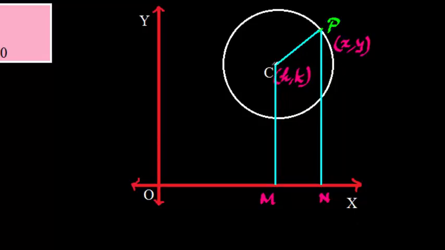So look here, another perpendicular; this also is perpendicular, this also 90 degrees, and I give one name to this point. This is our D point.